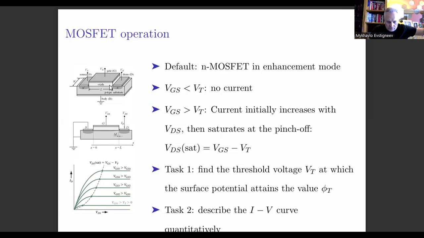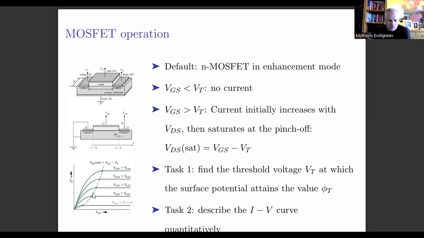And therefore, the two parameters are different. There is a voltage drop across the oxide layer. So the two voltages, the surface potential and the gate voltage, are different. And at the threshold gate voltage, the value of the surface potential is the threshold value.